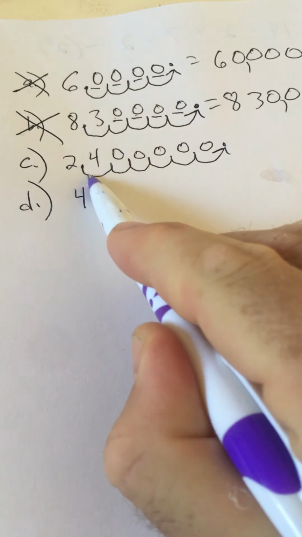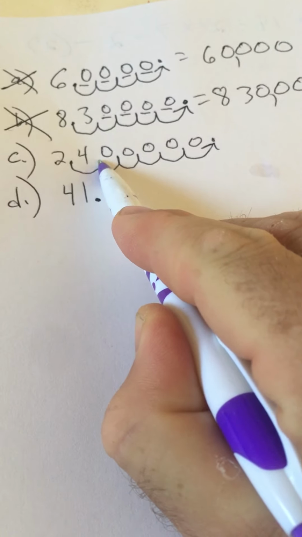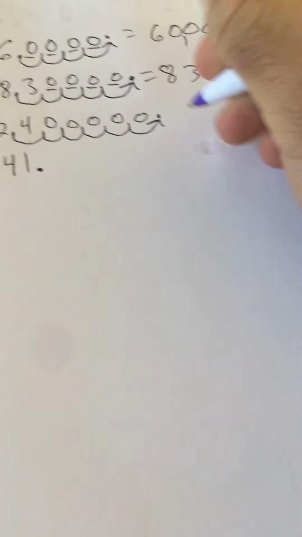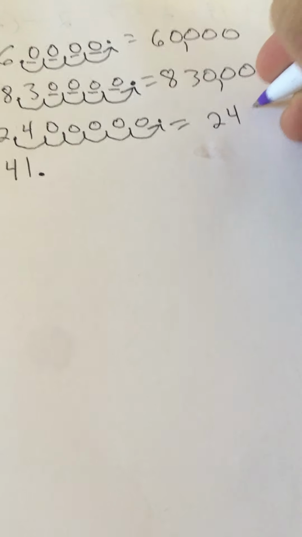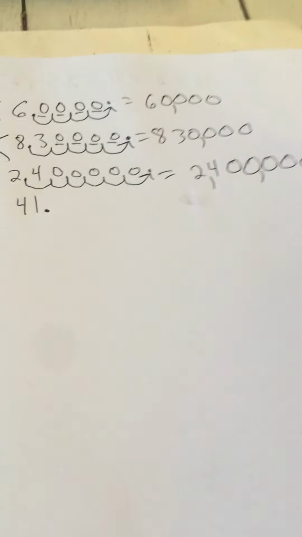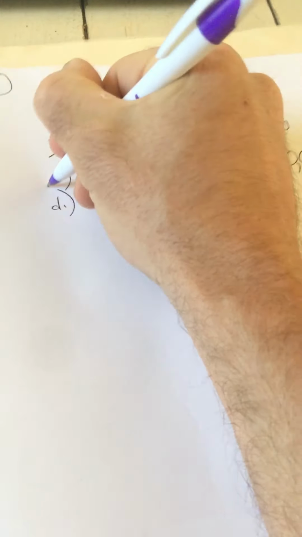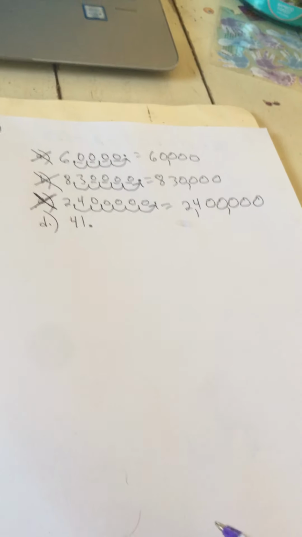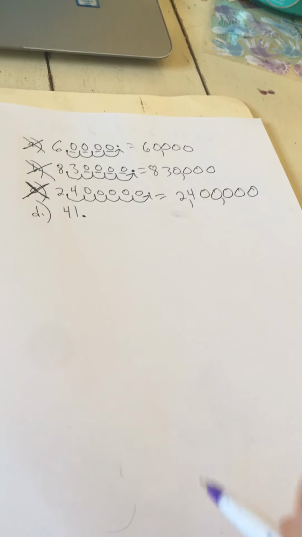So we moved it 1 there, and then there were 5 more to go. So there are 5 zeros in this. 2, 4 with 5 zeros. 1, 2, 3, 4, 5. And that's only got 5 zeros in the end, and we're looking for one with 6 zeros. So it's 2,400,000, but if you count the zeros, there's only 5 of them.